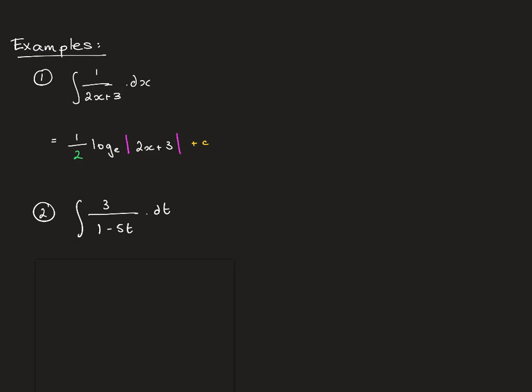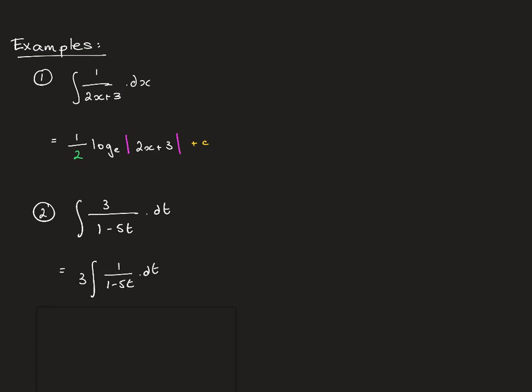Next one. So this one is also what you're looking for. The key thing that you're looking for is that there's no power here. That this is just raised to the power of 1, which is what we've got here. We've got a multiple here on the top, a constant that we can bring out the front, a common factor, bring it out the front, and that will give us this.